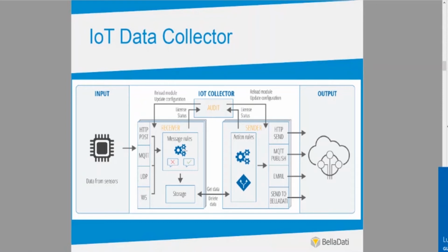So, for example, the receiver can receive the HTTP post request, but the sender can act as an MQTT publisher, so based on the action rules it can execute the automated action to the output. So this is a very simple illustration. Andre in his demo will show you a very simple example, which will be based on receiving the HTTP post request and executing an automated action, which will be of type MQTT publish.